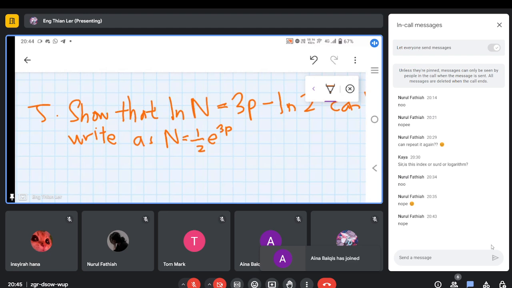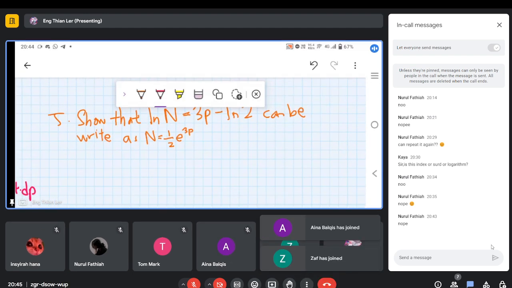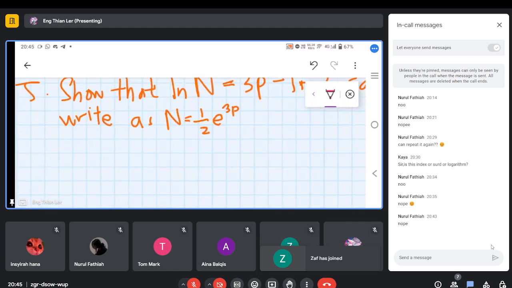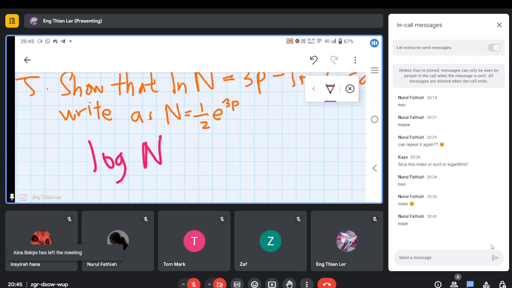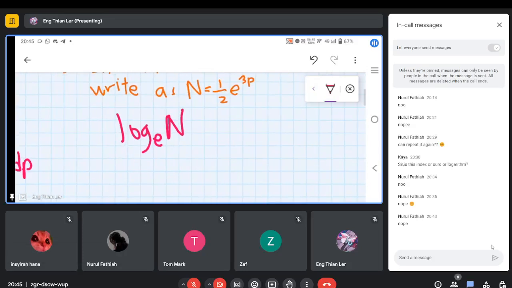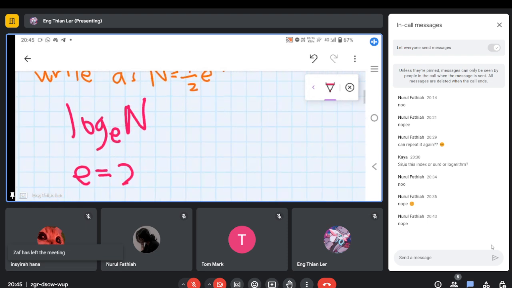Okay, so before I start, I will introduce to you what is ln. So ln is natural log. Why natural log? Because it's the log of n with the base of e. What is e? E is the Euler's number. E equals 2.718 something like that.